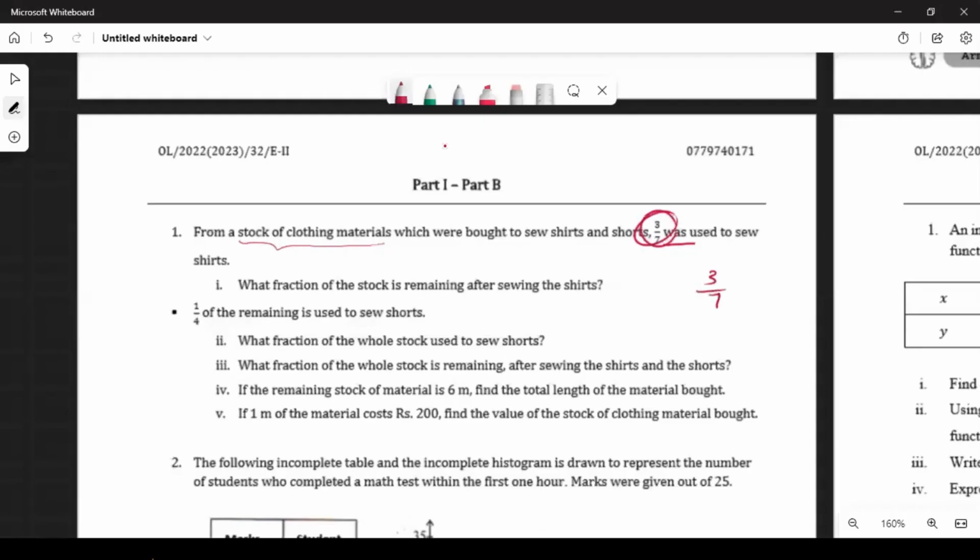From this total unit, they are saying 3/7. What is the meaning of this? If the total unit is divided into 7 equal parts, 1, 2, 3, 4, 5, 6, 7, then 3 parts were used to sew shirts. So 3/7 was used to sew shirts.